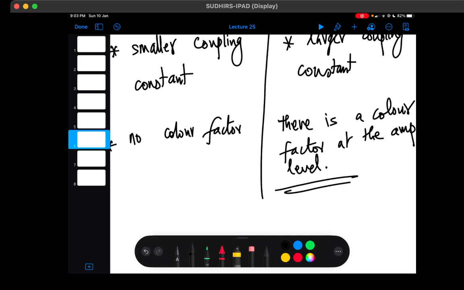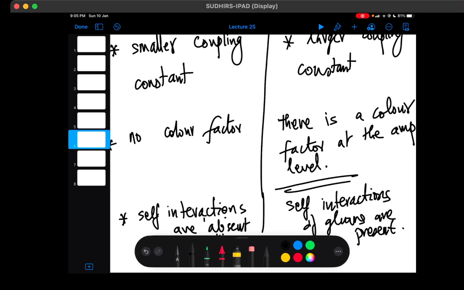Okay, now coming back to the third point. As I said, the self interactions are absent in QED, whereas they are present in the case of QCD.